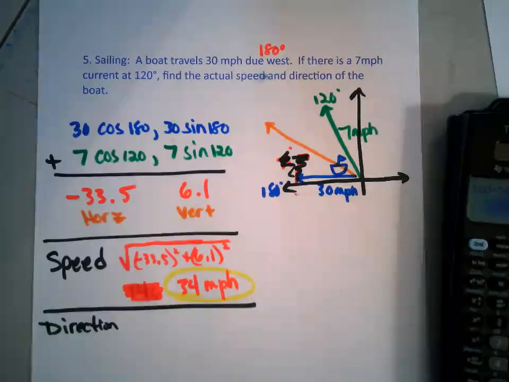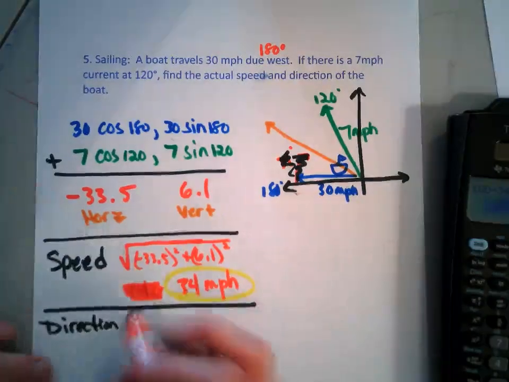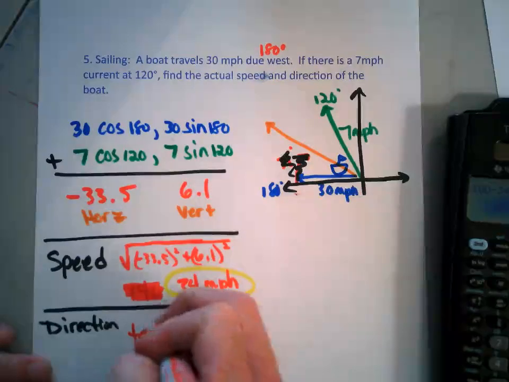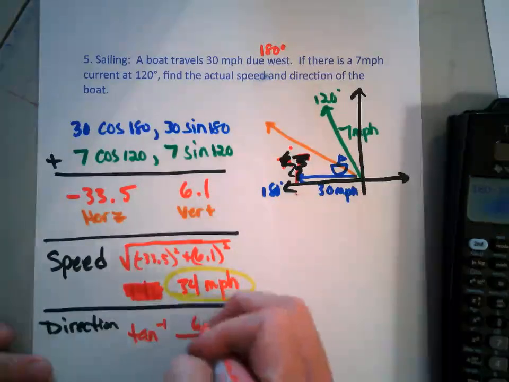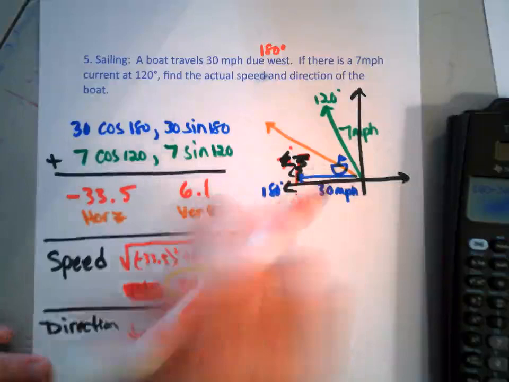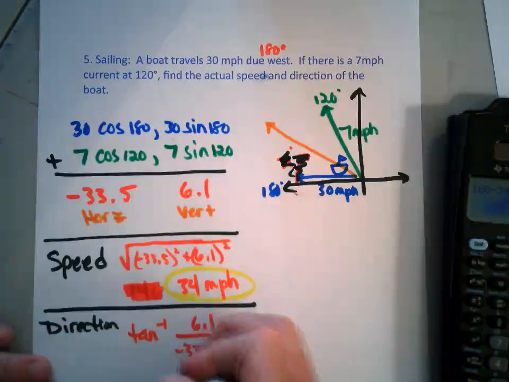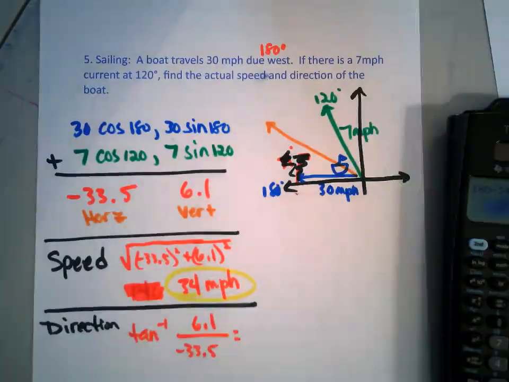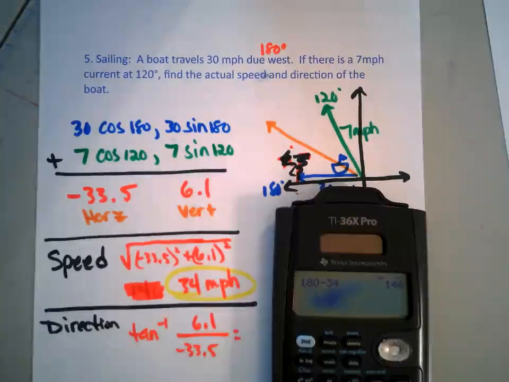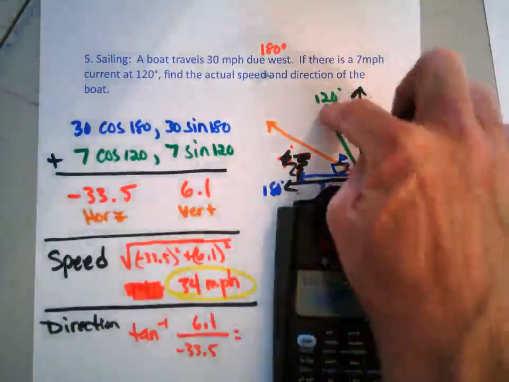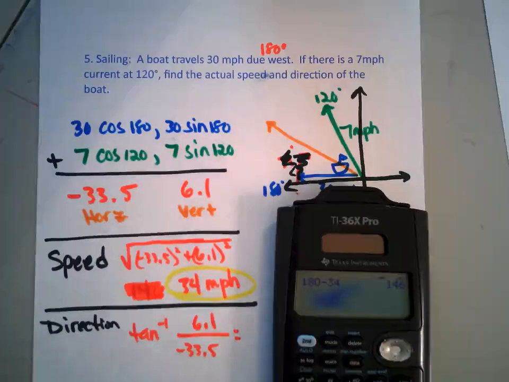All right, so direction is the inverse tangent of 6.1, the y value, over the x value, which is negative 33.5. If it's not in between 120 and 180, what they're giving us is a reference angle, and we have to add or subtract to get it into the second quadrant. So inverse tangent of 6.1 divided by negative 33.5.